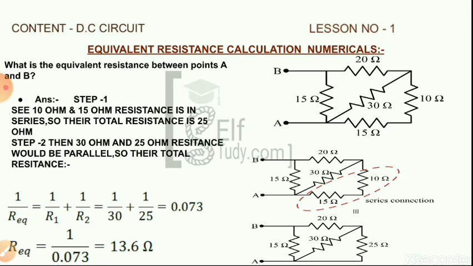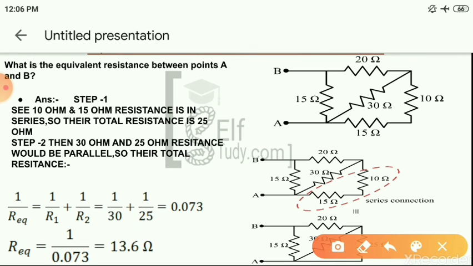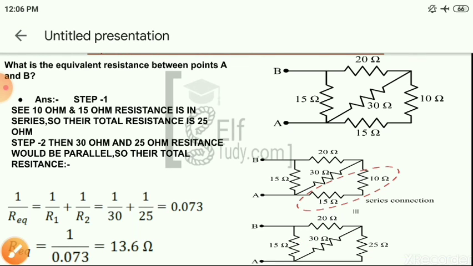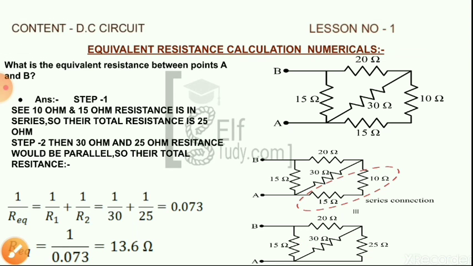Then step 2: 30 ohm and 25 ohm would be in parallel. So their total resistance will be 1 by R equivalent equal to 1 by 30 plus 1 by 25 equal to 0.073, and R equivalent equal to 13.6.